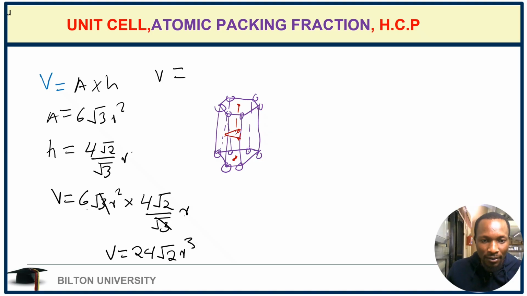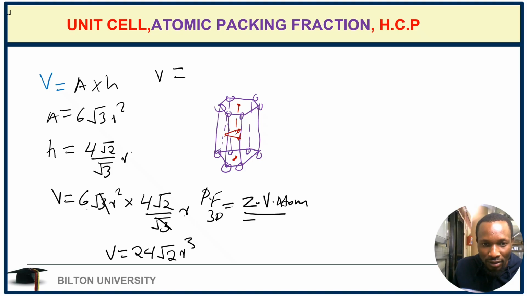So now let's look. We want to calculate the packing fraction, and we say that packing fraction in 3D is equal to the effective number of atoms, which is Z, times the volume of the atom, divided by the total volume, right?